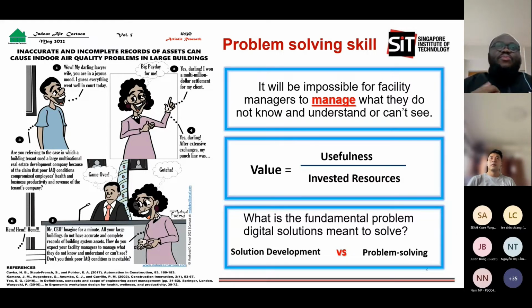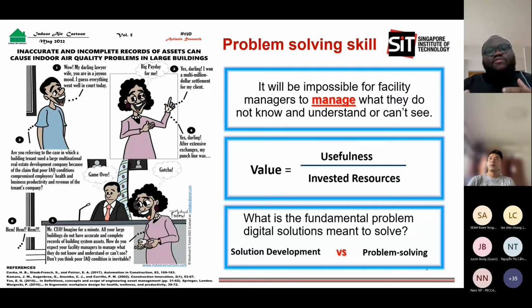So it is very important to use computational solutions to verify the quality of information submitted by the contractor, the accuracy and the completeness of all these things. Because if we don't take care of this issue, there is going to be a problem.